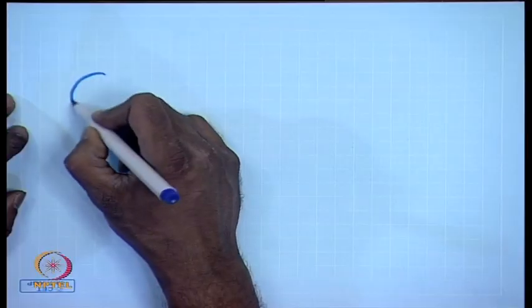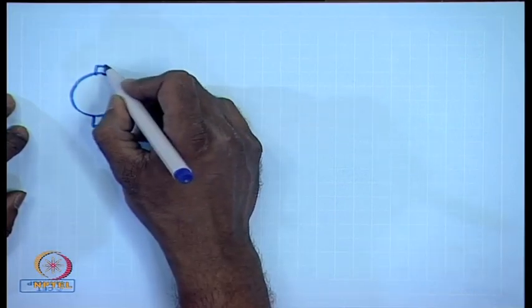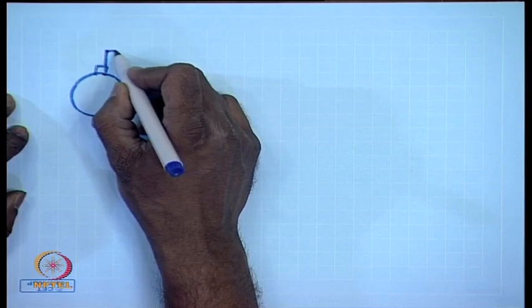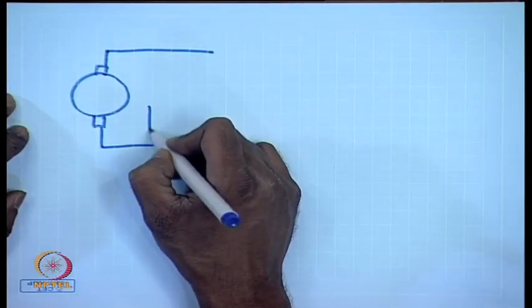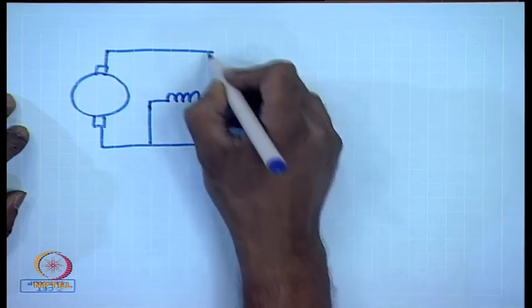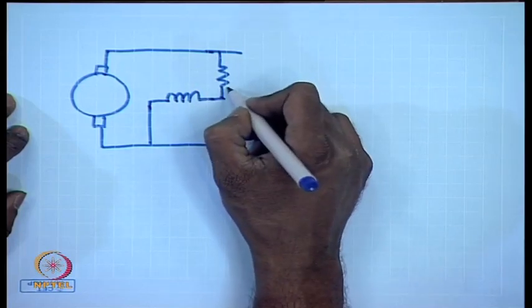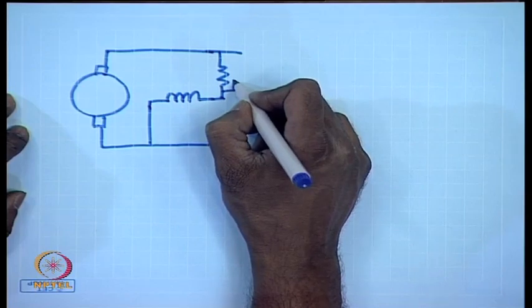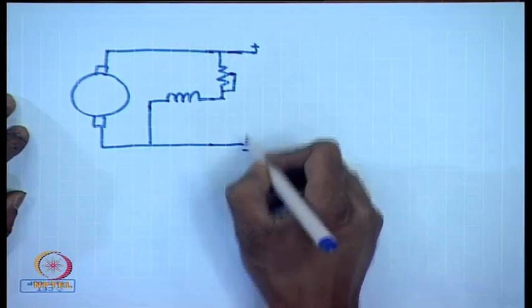Okay. The simplest approach will be to connect both the armature and the field to the available supply voltage V_t.